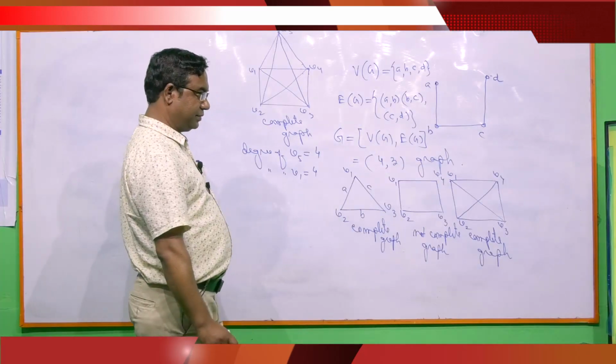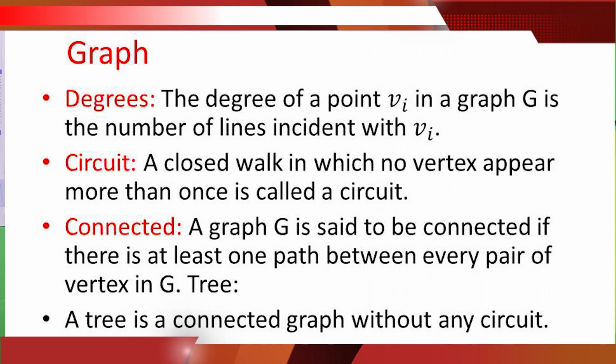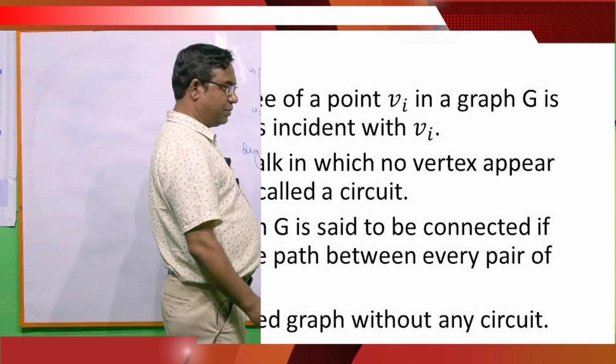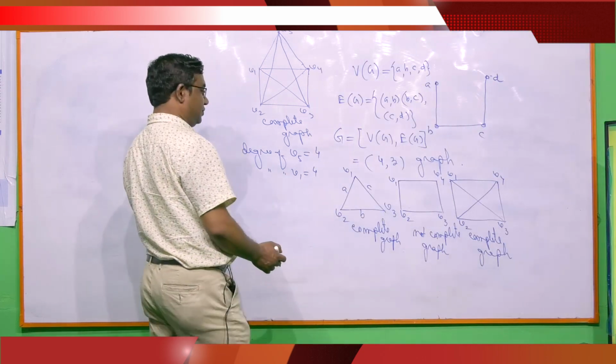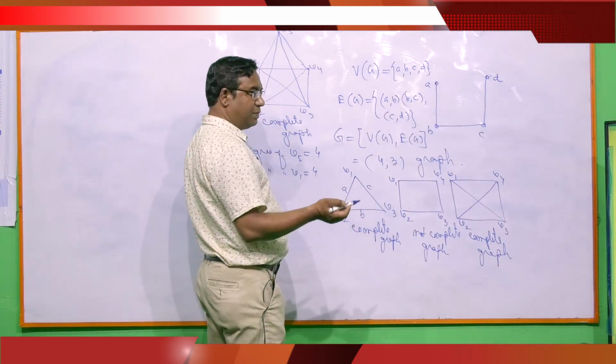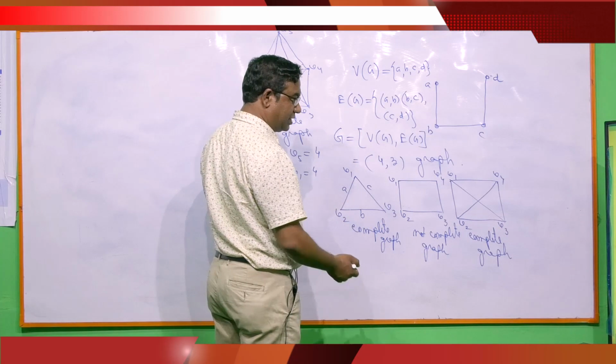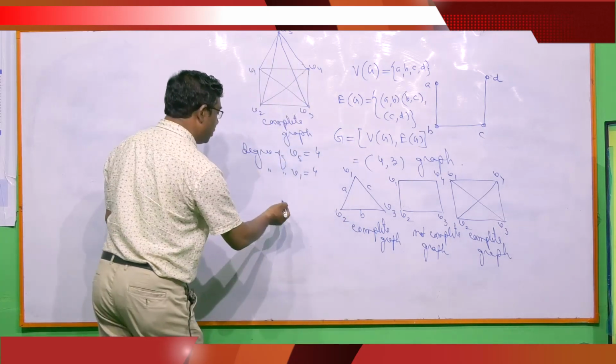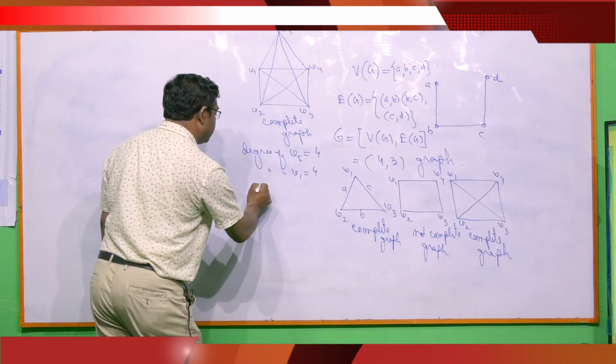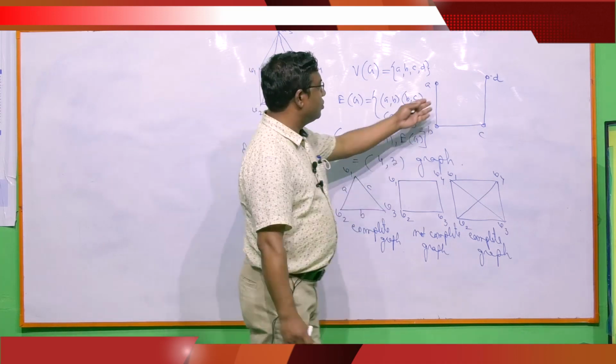Next, connected. A graph G is said to be connected if there is at least one path between every pair of vertices in G. Suppose we can see here also.